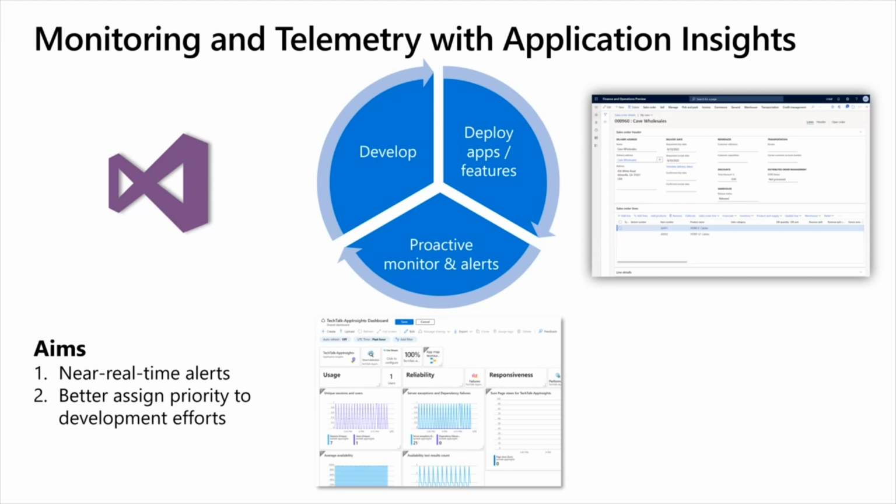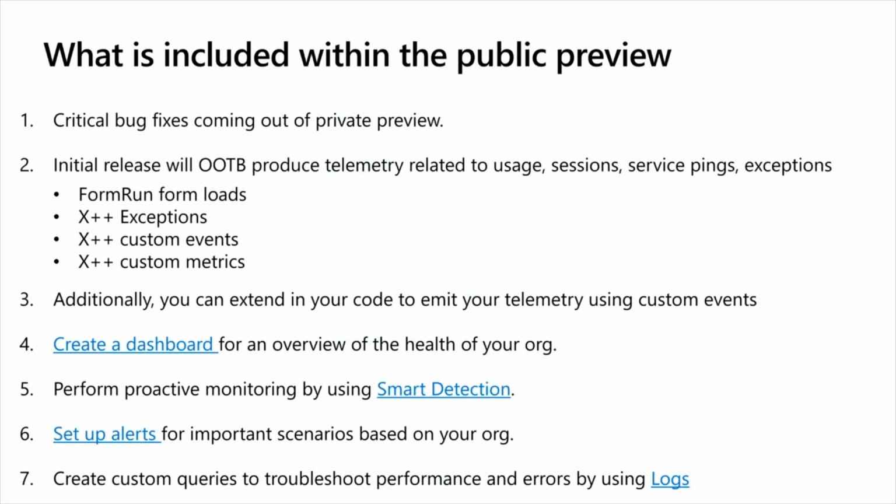If we move to the next slide, let's take a quick look at what this specifically brings with public preview for F&O. First is bug fixes from the private preview for F&O. We had some performance impacts that we've since mitigated, and things are looking really nice compared to the private preview. So thanks to those who participated with us.